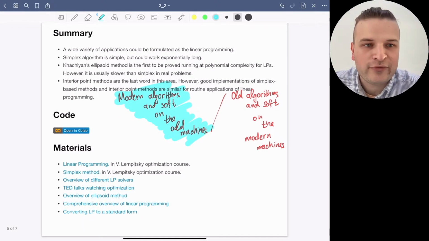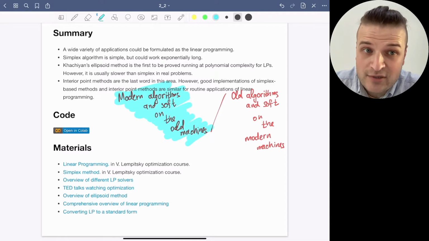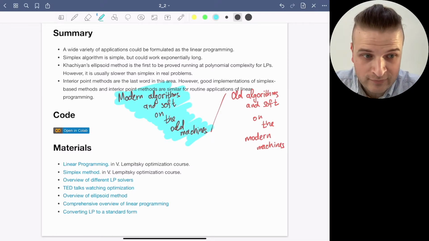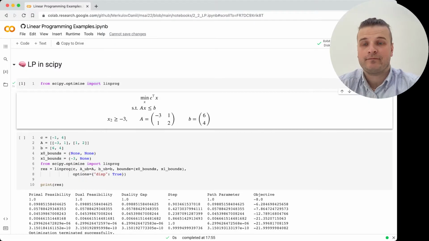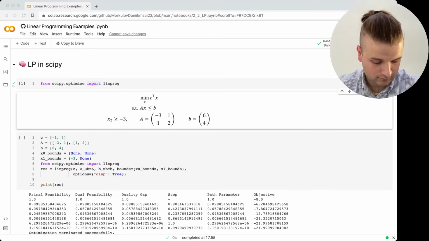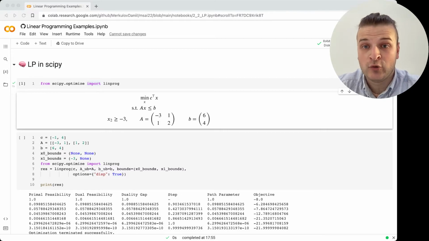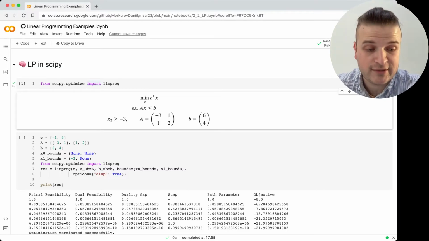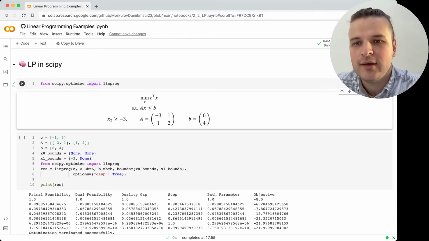Now let's go through some practical examples of interesting linear programming applications. Here we have the notebook with some stories about linear programming, and we'll start with how to solve linear programming with SciPy, which is pretty easy.